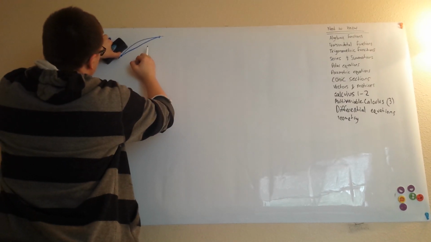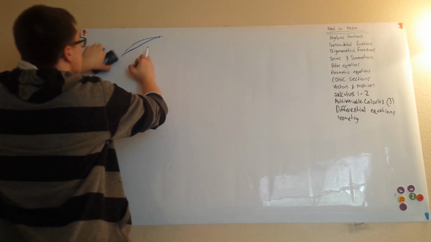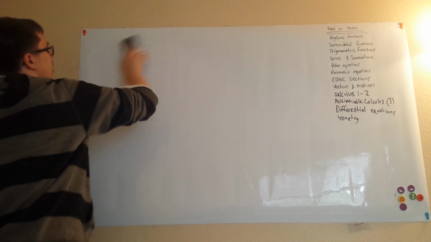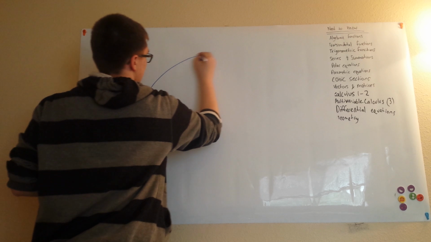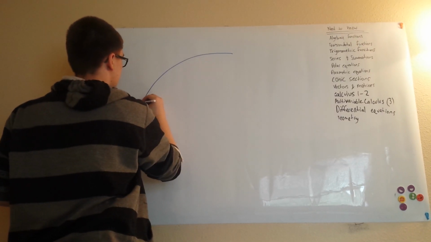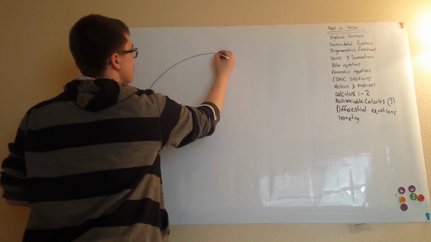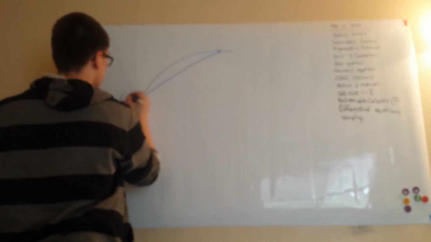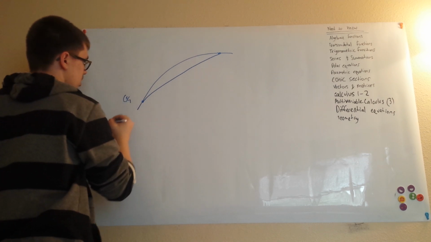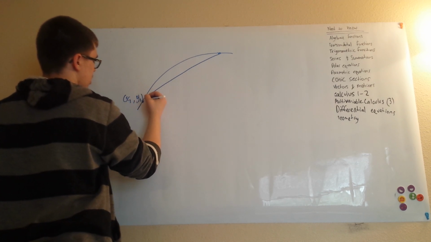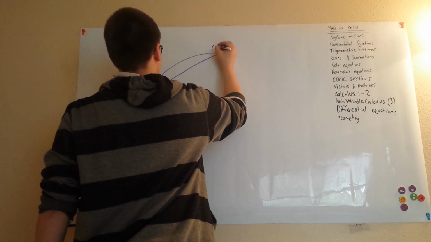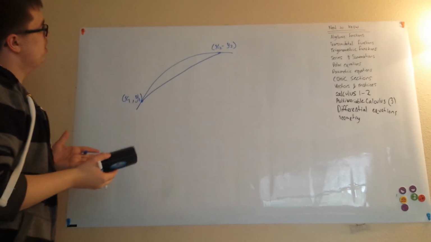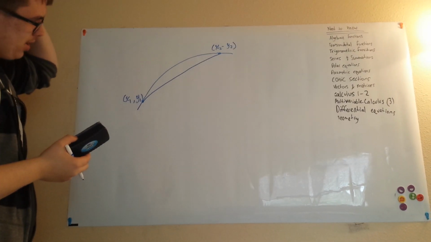So this segment length, and let me draw it bigger. This segment length from this point to this point could be x sub 1, comma y sub 1. This could be x sub 2, y sub 2, right? But the point is figuring out the length.